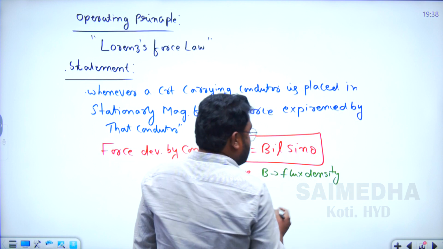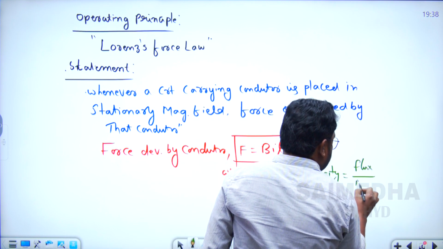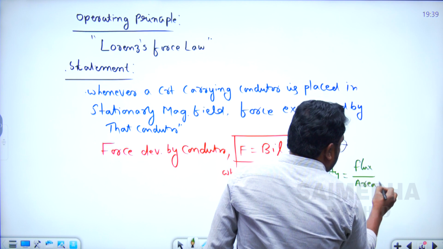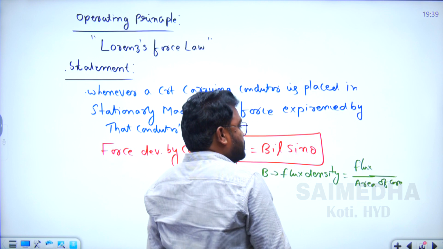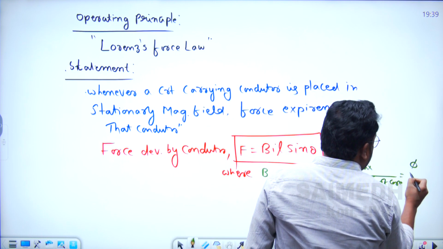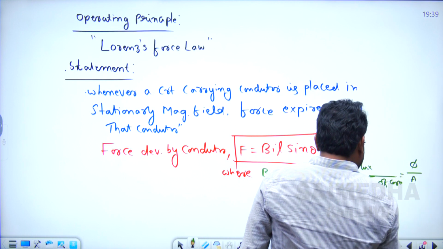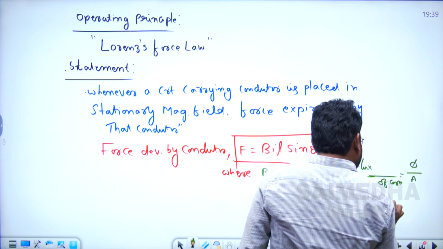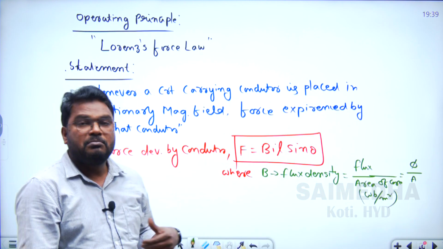Flux density means the flux by area, the area of the core. So flux density is B equal to phi by A, where flux is phi and area is A. What are the units here? Webers per meter square. Sometimes we have a question, what are the units of the flux density?